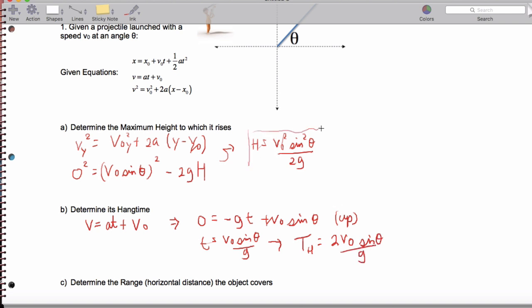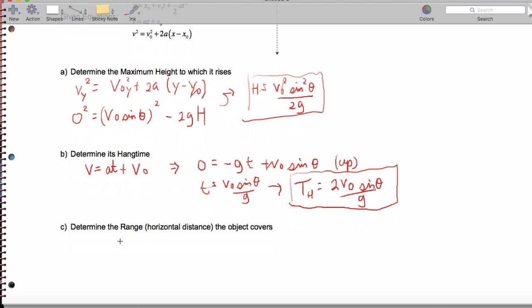So there's the height, there's the hang time, but wait, there is more. We're going to get the range. Range equals v naught cosine theta times the hang time, because you're going in the x direction, times the time you travel for. So that's going to be v naught cosine theta times 2 v naught sine theta over g.